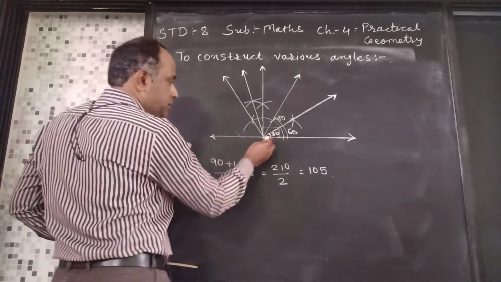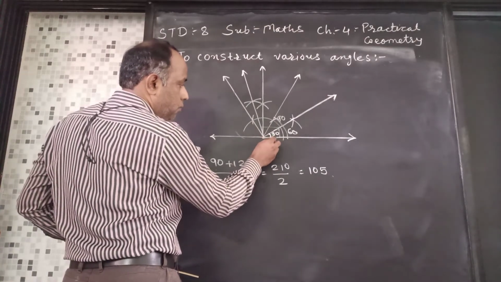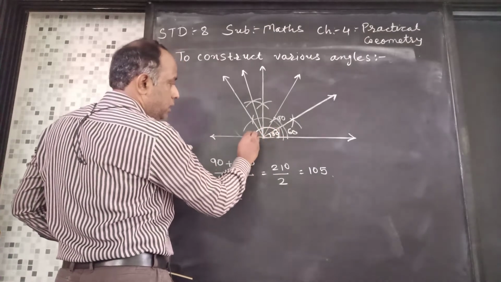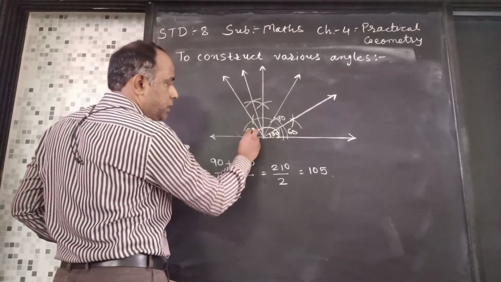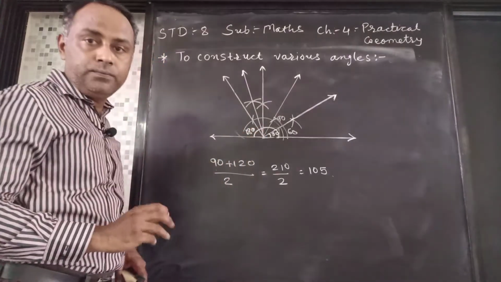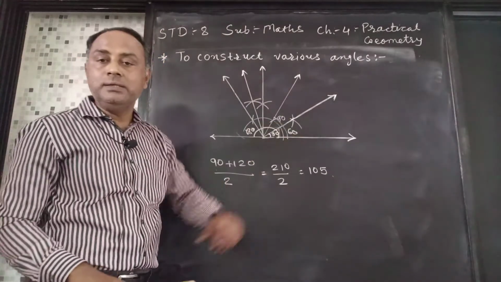So there you see an angle of 180 degree. Angle of 180 degree will be constructed. Okay, a straight line you can see.